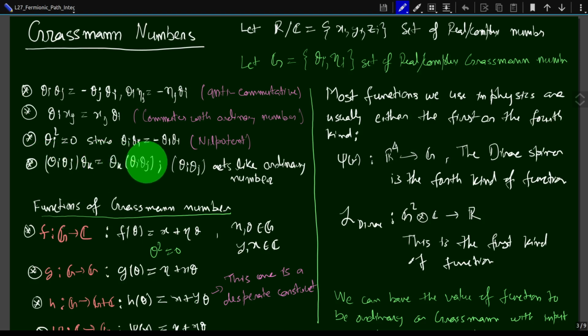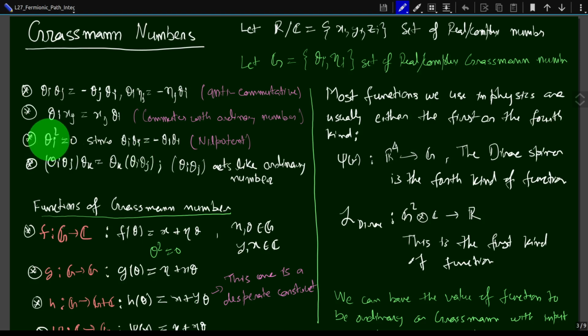So it is as if theta_i theta_j acts like a real or complex number, but don't be fooled. They still have the special property of being Grassmann, because if I write theta_i theta_j to be some x, then x squared is 0 again, because x squared will have two theta_i's, and then I can use this relation.